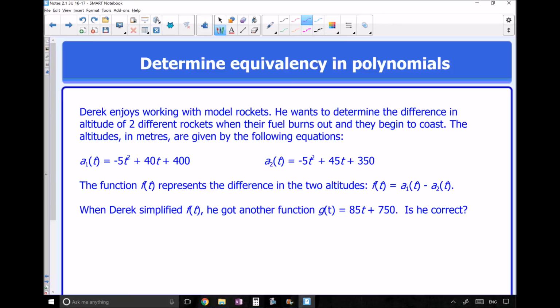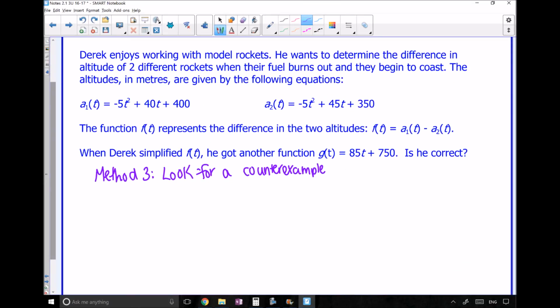Okay? All right. Last method that we have is method 3, and that is to look for something called a counterexample. Okay? So what we're going to do is evaluate f of t and g of t at a specific value.